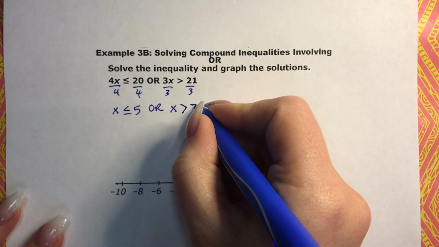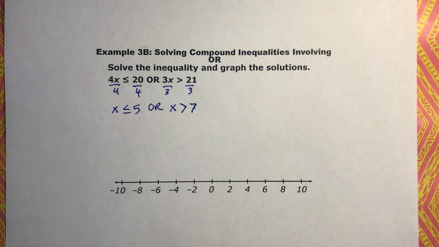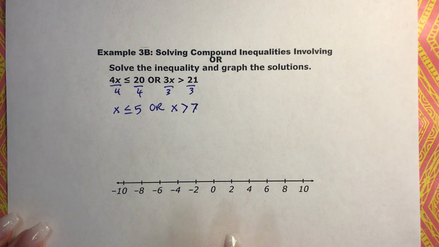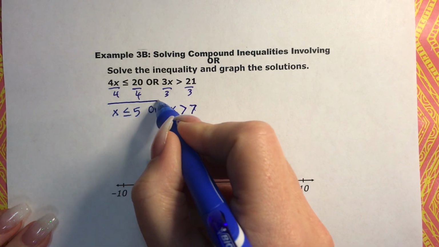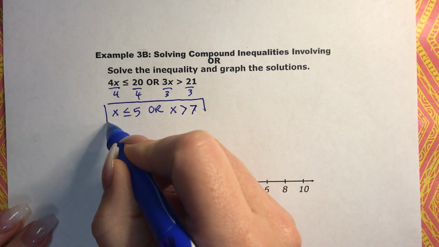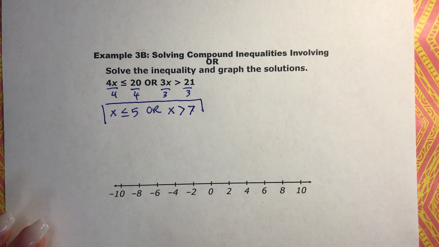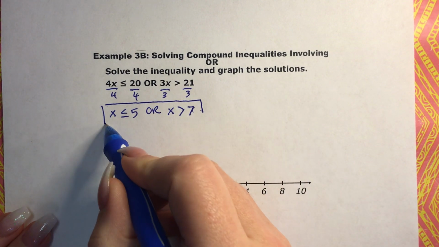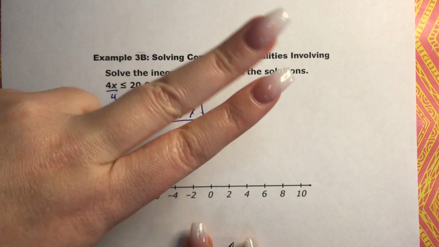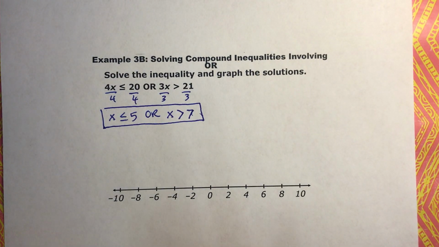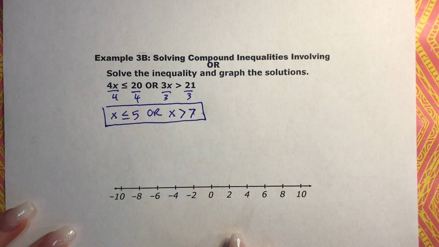But if you have problems or issues, let me know and I can help you. Maybe I didn't explain something very well, if you're having a hard time. I know it's new, it's different, when you first get it, the ands, the ors, like what's going on. But basically, 2 inequalities, you just write them as one. It's like a condensed version.